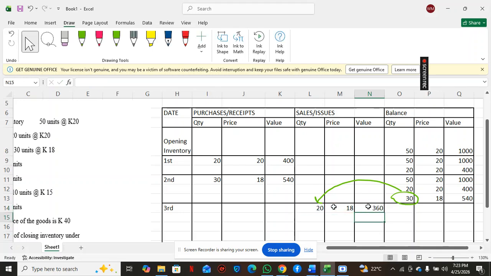So the cost of the spare parts that we sold is 360 kwacha. In our balance section, we have 50 spare parts valued at 20 kwacha, then the other 20 spare parts valued at 20 kwacha also. Then from these 30, since we removed 20, we remained with 10 of them, valued at 18 kwacha.